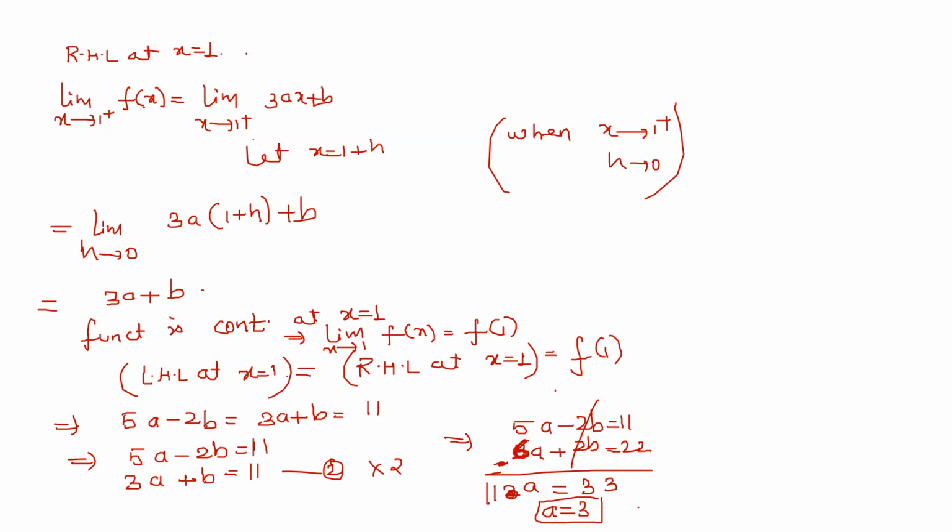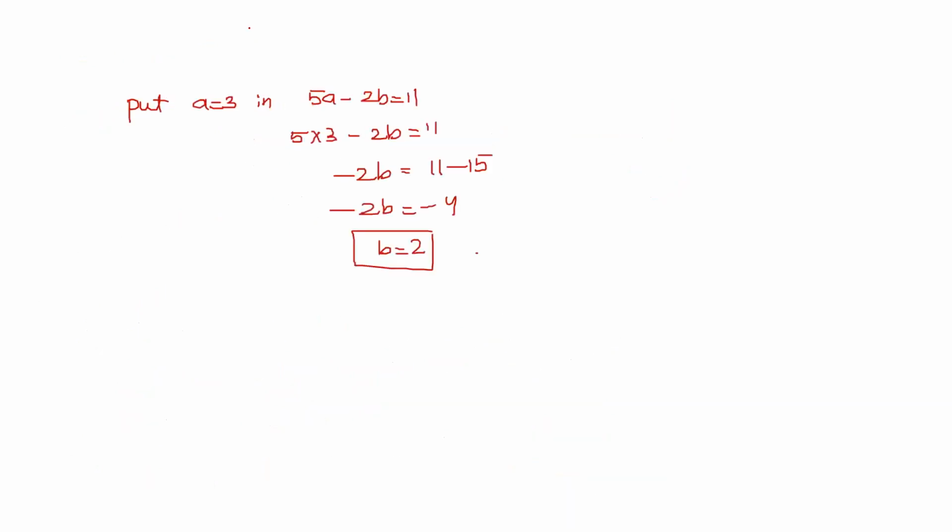Josefa and Noma, please confirm once it is done. Okay, Noma, very good. Josefa, is it done? Okay, great. So last slide. Okay, Josefa. So in the previous slide, we get a is equal to 3. We have just put that value here and we get the value b is equal to 2. Please note down this and confirm once it is done.